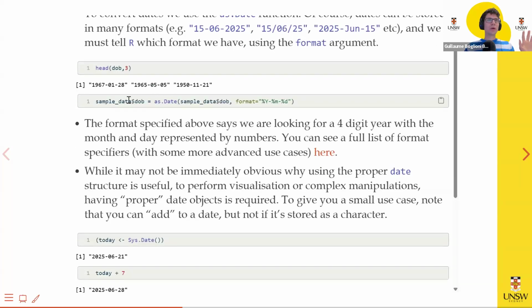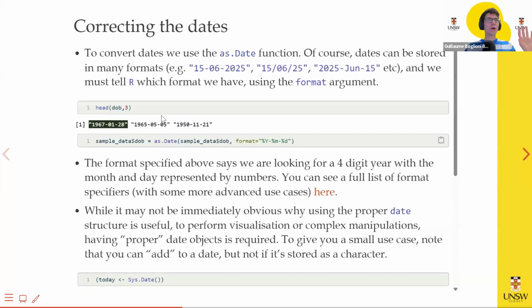So you need to convert a date that is here a character, to a proper date. You use as.Date here, but you need to specify the format, like the actual display in your data frame. So here you see the way DOB is: year as four numbers, and then 01 for the month, and then the day.